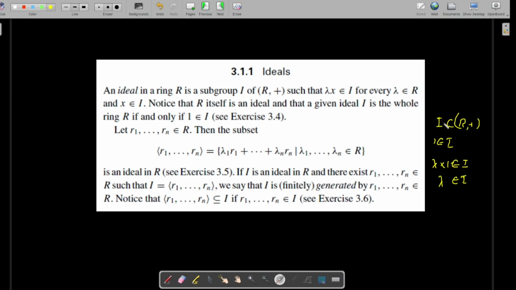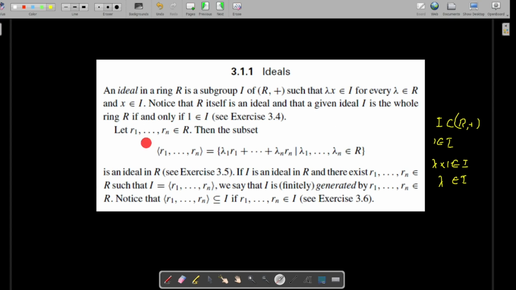So I is a subgroup of R plus and every element of R belongs to I also, then you may conclude that I is the whole ring R itself. So the result is I is the whole ring R if and only if 1 belongs to I. And the reverse part is trivial, since I is equal to R, it must contain 1.